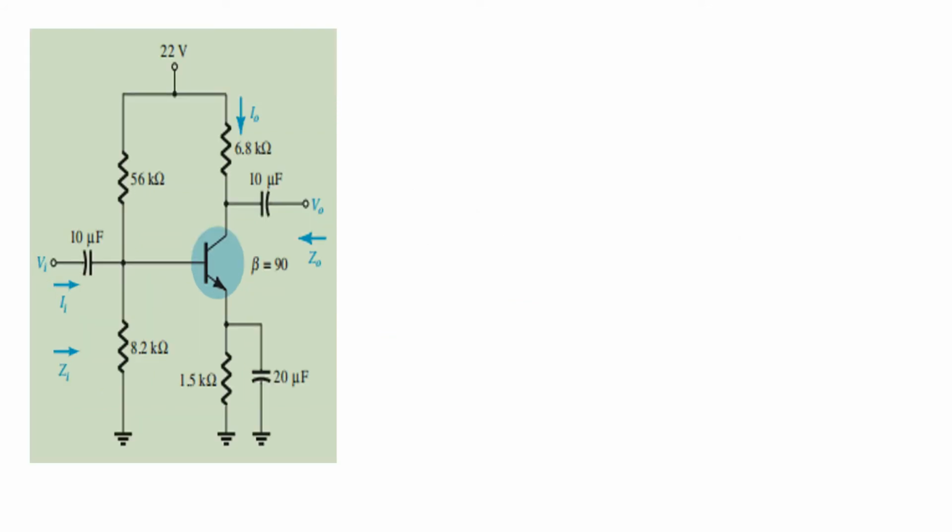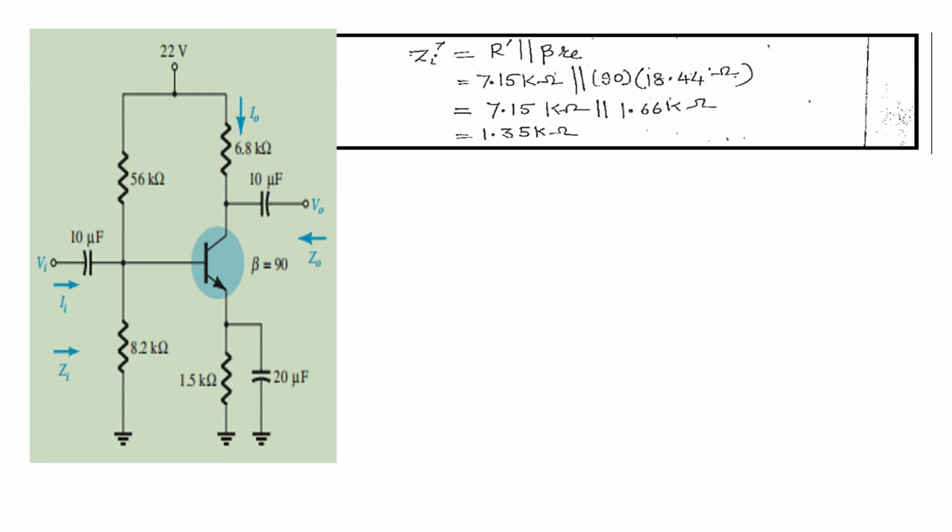Next step is the AC analysis of this circuit. First find the input impedance here. Input impedance is a combination of R dash and beta Re. The DC current gain is given. Re you found out, that is 26 millivolts upon the collector current that was flowing, so this comes out to be 1.733 ohms.